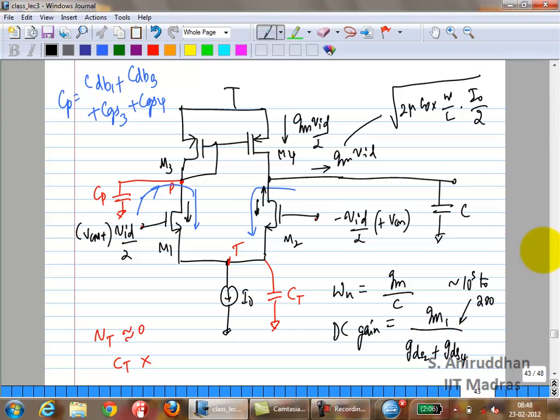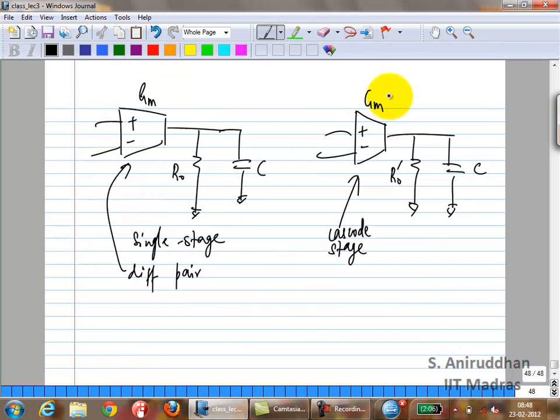It's the same, right? What is the new R out? Some GM R naught times RDS, so it's basically much greater than R naught.